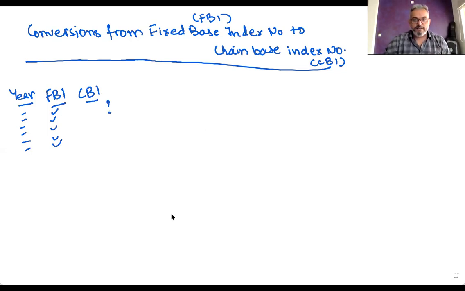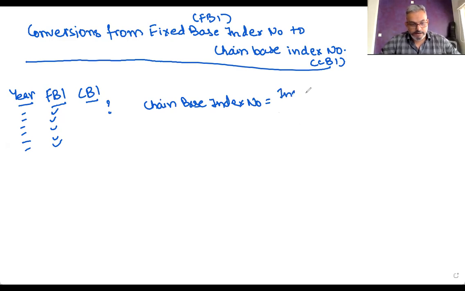Now, the formula is very simple. What is a chain base index number? Normally it was price of current year upon price of previous year into 100. So same over here, but instead of price we will write index, or fixed base index.